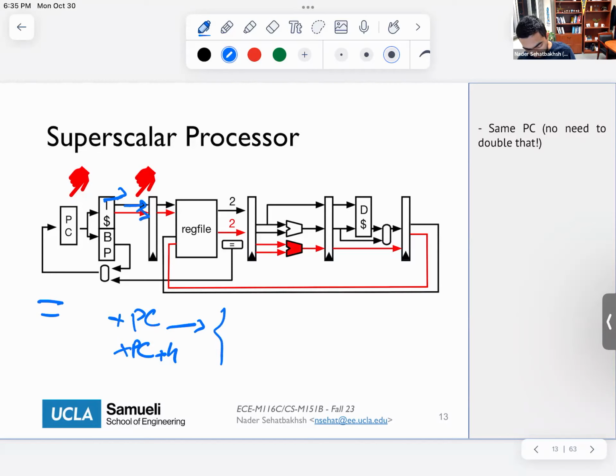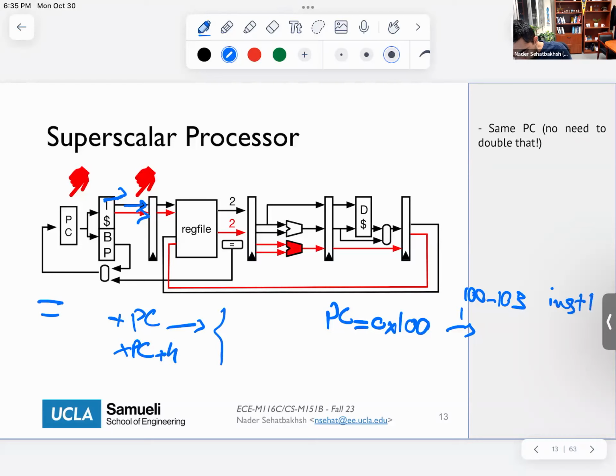Okay. So here we're basically using one PC, which is, for example, let's say my PC is now equal to 0x100, okay? So what I can do is that instead of just reading the 4 bytes from 100 to 103, I can read 8 bytes. I can read 100 to 103, I call this instruction 1.